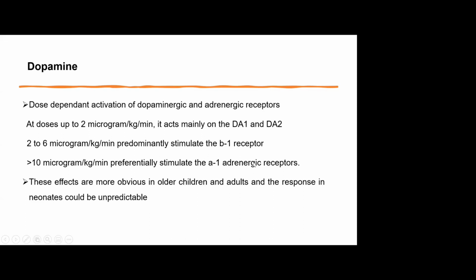Now, these dose-dependent effects are more predominantly seen in older children or in adult patients. Whereas in neonates, where the receptor system is not that well developed, it's difficult to appreciate that all these dose-dependent effects are happening at different doses.